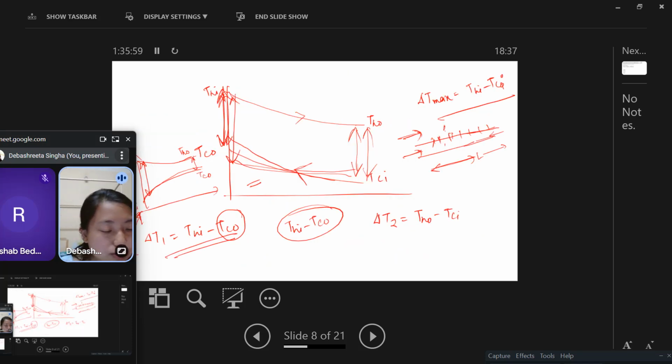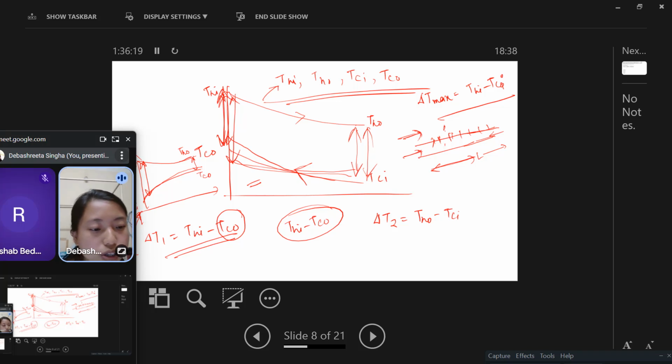Whatever this is, it is for the general case, okay, in all situations. THI, TH naught, TCI, TC naught, for any situation, be it parallel, counter, shell and tube, or anything. THI is the inlet temperature of the hot fluid.